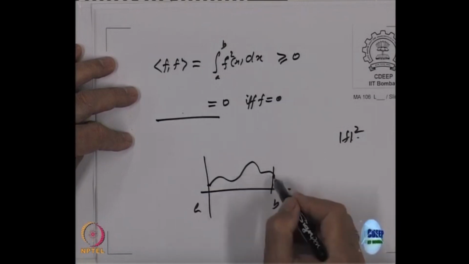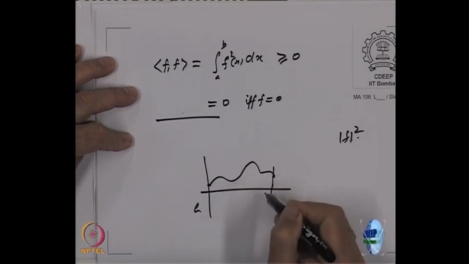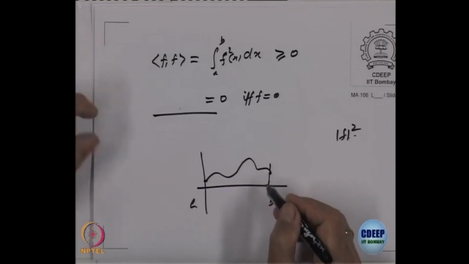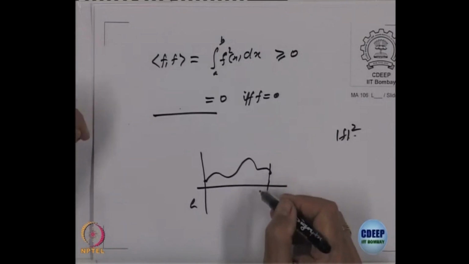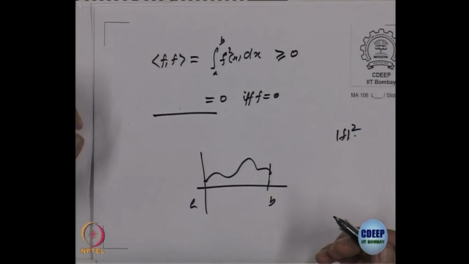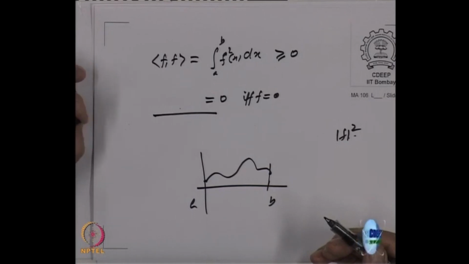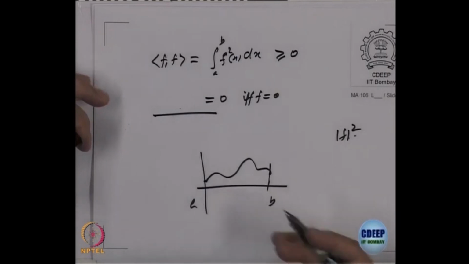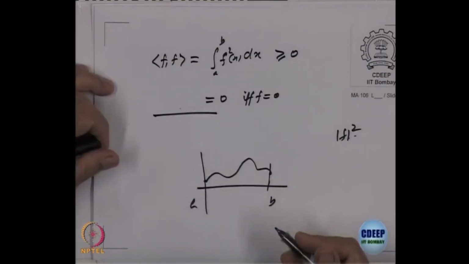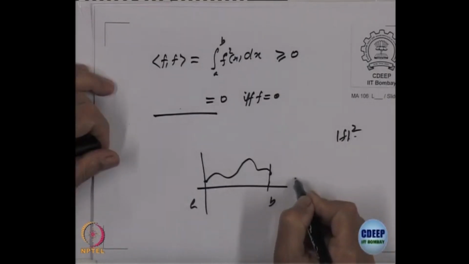So if it is a continuous function, the area below the graph is what the integral gives. If a function is non negative and you take its integral, geometrically it is the area below the graph of the function. If it is non negative, then it will be bigger than or equal to 0.